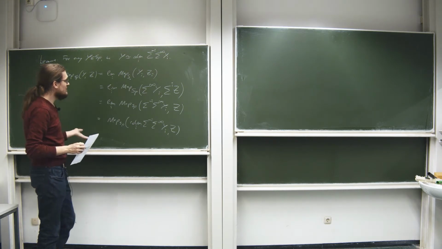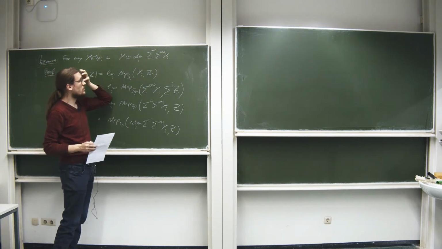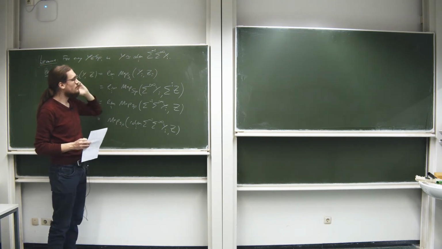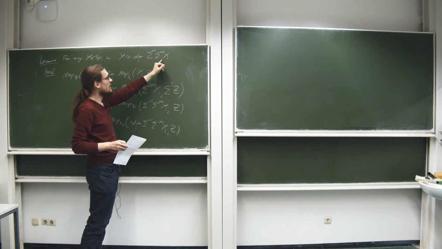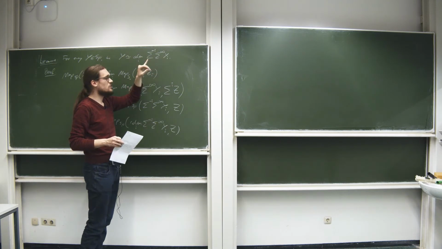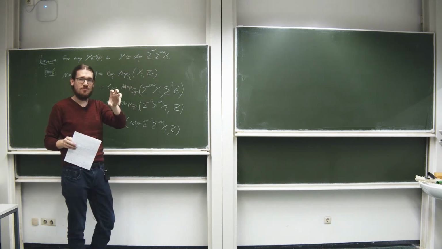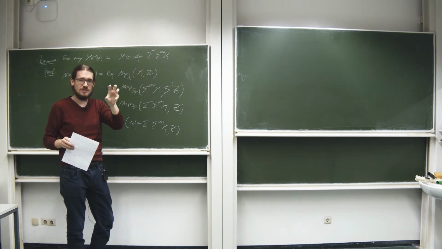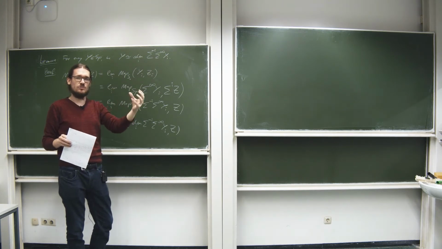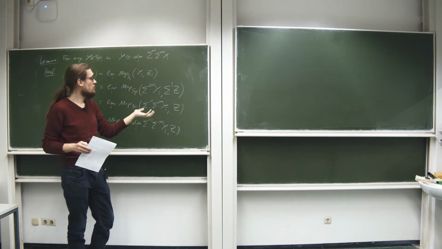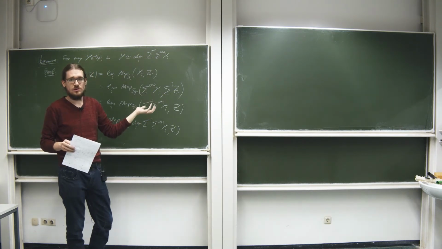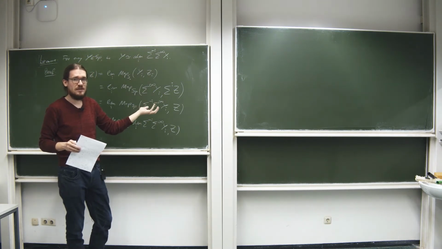Right, I guess I haven't said up here what the maps are, but of course the maps come somehow from the structure maps of my spectrum. I have maps from Y_I to omega Y_{I+1}, these equivalences. These are adjoint to maps sigma Y_I to Y_{I+1}, which are not equivalences anymore, but I get maps like that.